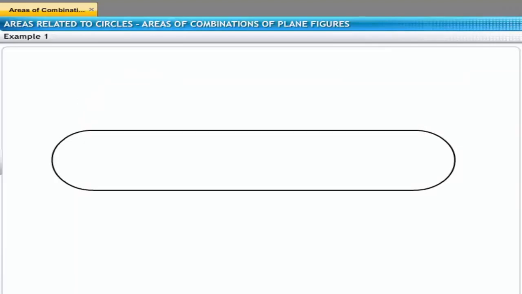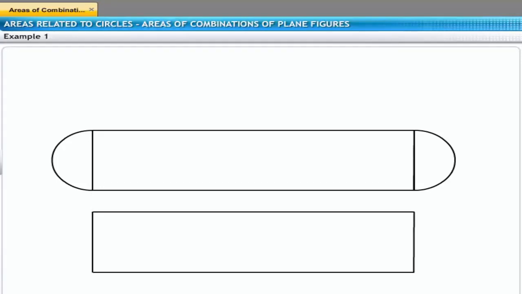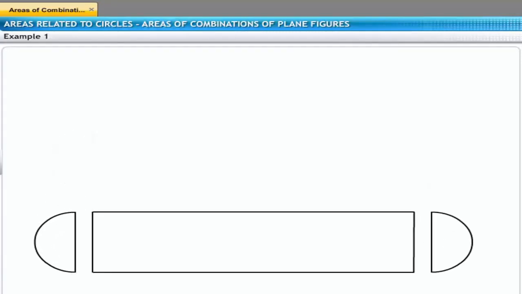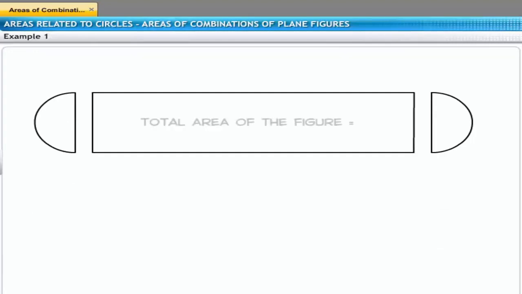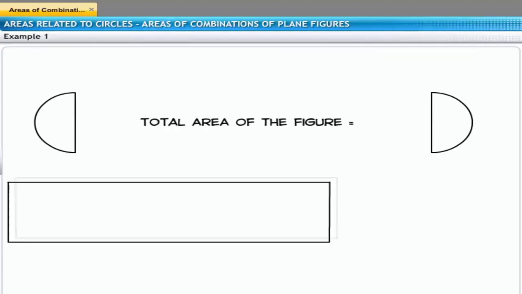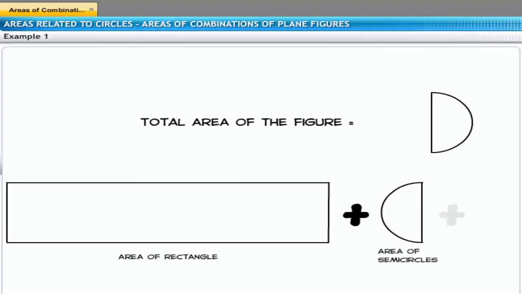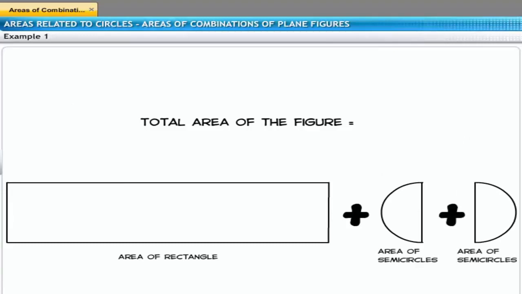Here we have to calculate the area of the figure which has a non-standard form. Let's try to analyze the figure. We can visualize the figure as 3 parts. It is a combination of a rectangle and 2 semicircles. Therefore, the area of the figure is the sum of the areas of a rectangle and the 2 semicircles.